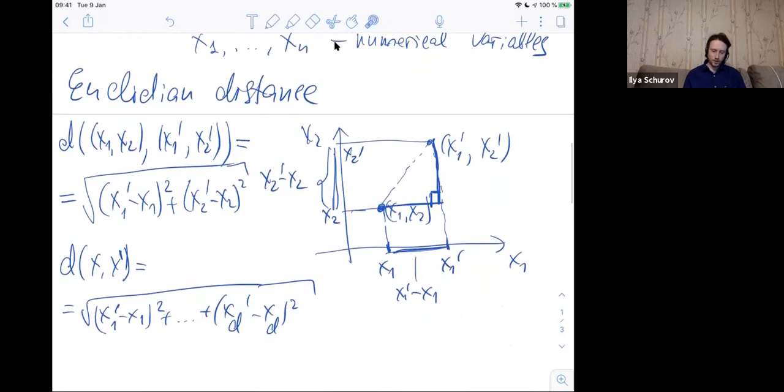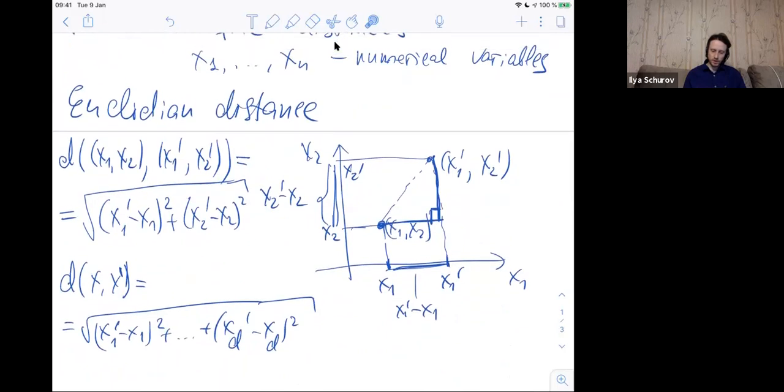You see that this distance, if you change the scale of these variables, will be changed in some non-trivial way. For example, if I rescale the horizontal axis, then it will give me a different formula here.